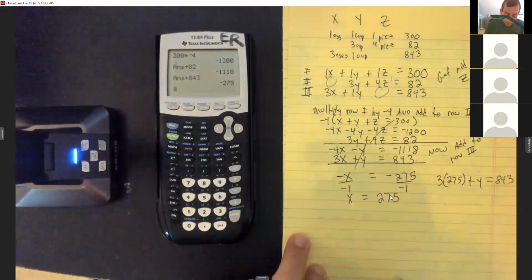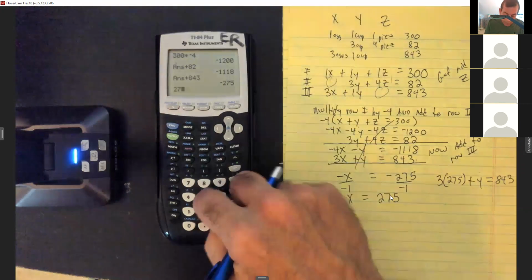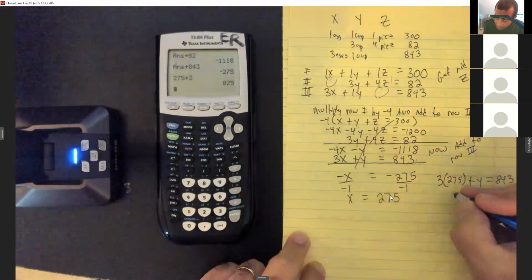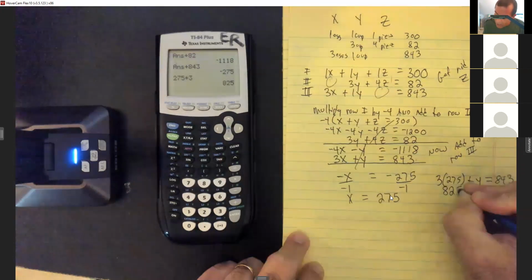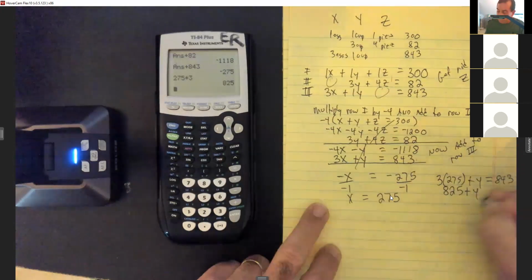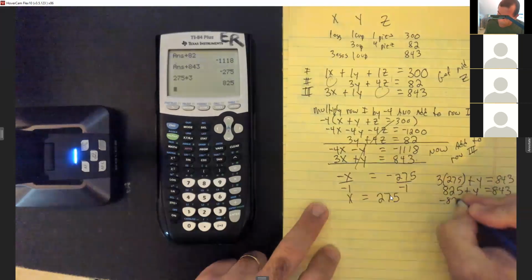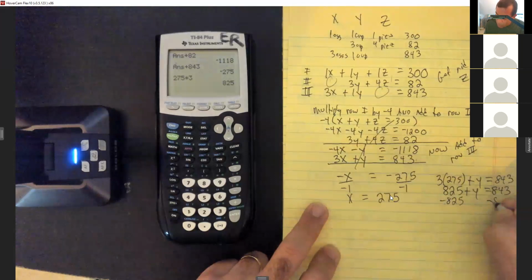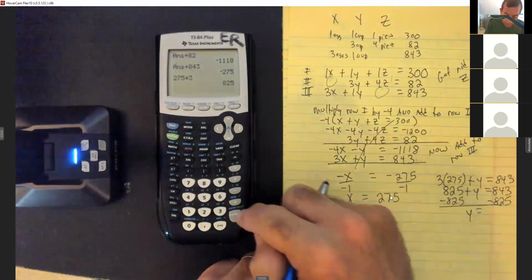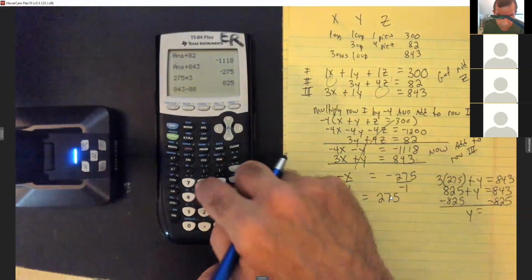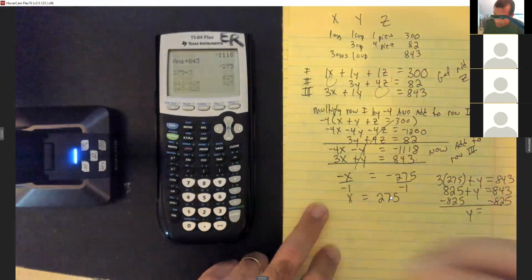All right, so 275 times 3 is 825 plus Y equals 843. And there you go, minus the 825. So Y is 843 minus 825, which will give us, oh, what's that, 18.